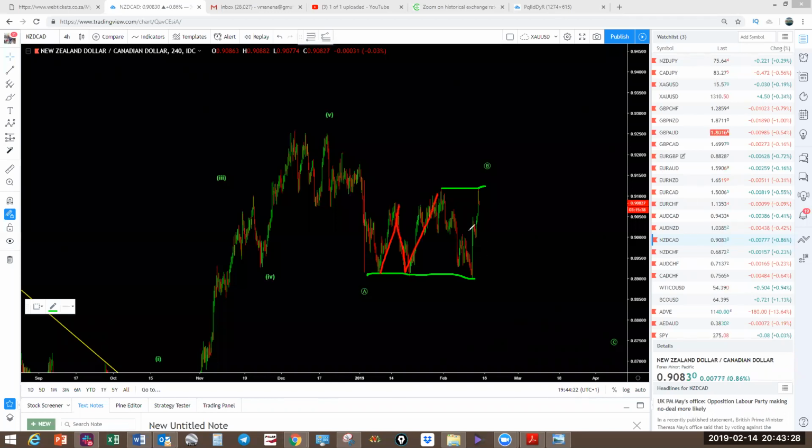Now we need to see whether this is possible. Now this is also a 5-wave move. So you're getting that situation where you have 1, 2, 3. You've got, let's do this in a different color, a pulse and a pulse. You've got a pulse. You've got a pulse.